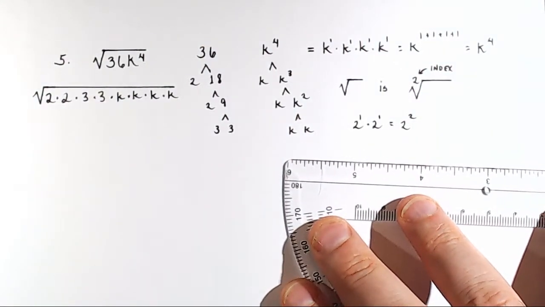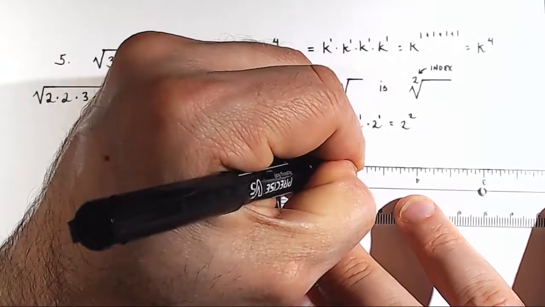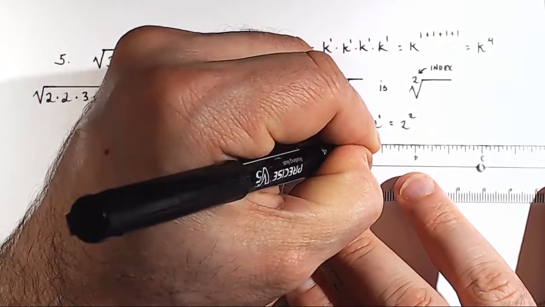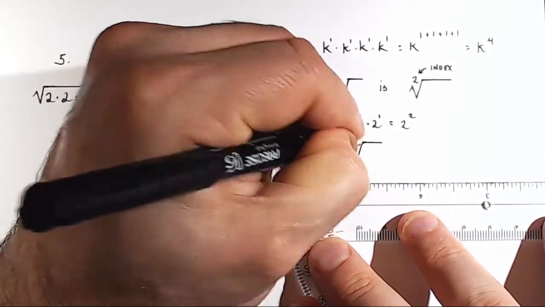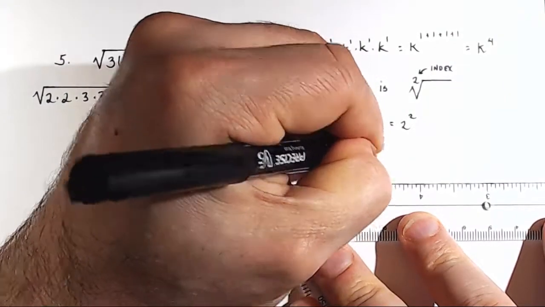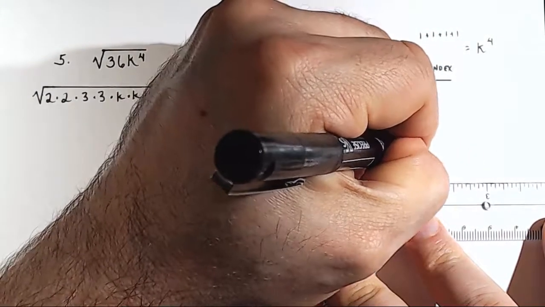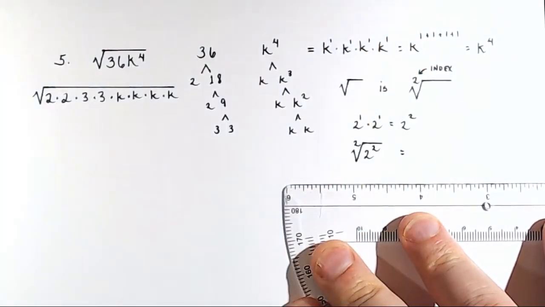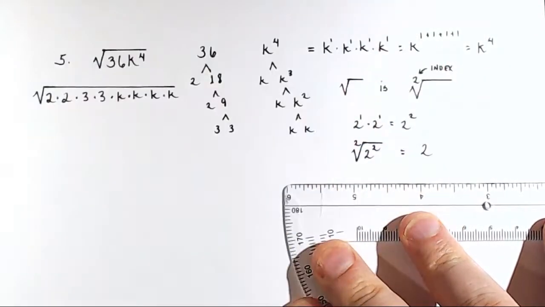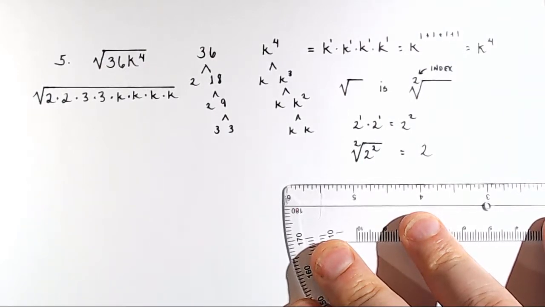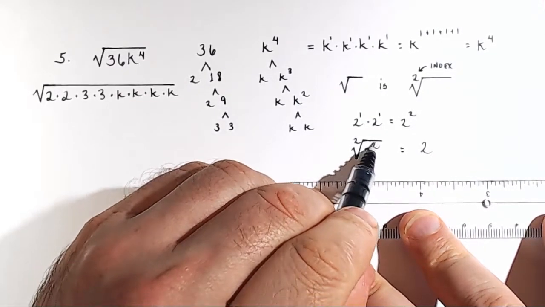So if I have the second root of 2 squared, that can be rewritten as 2, because I'm taking the square root of 2 squared.